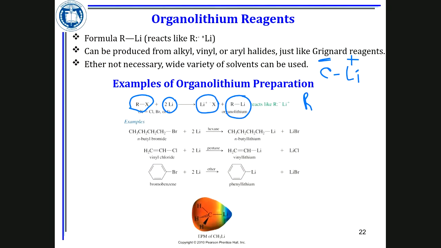This is not RLiX because group 1A just has one bond, so it's forming one bond. So RLi, you have your alkyl lithium. So any of the halides plus the lithium, just like Grignard.